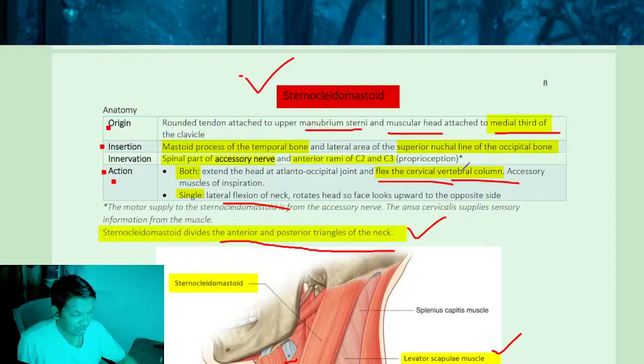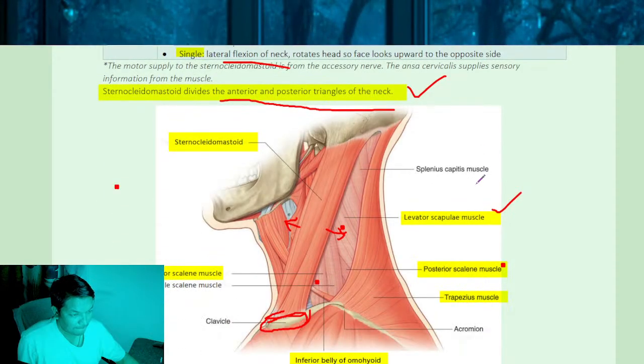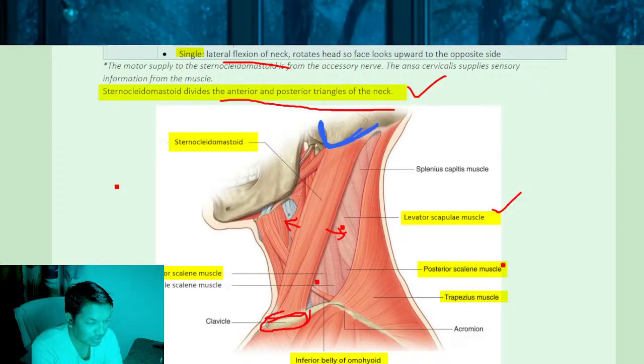Sternocleidomastoid. This is a muscle. This is the mastoid process, and this is the clavicle. This muscle joins from the clavicle to the mastoid, and the sternum also.